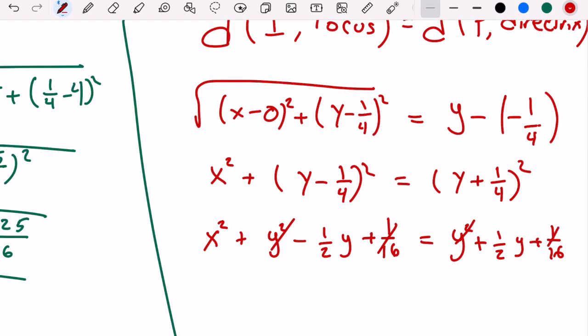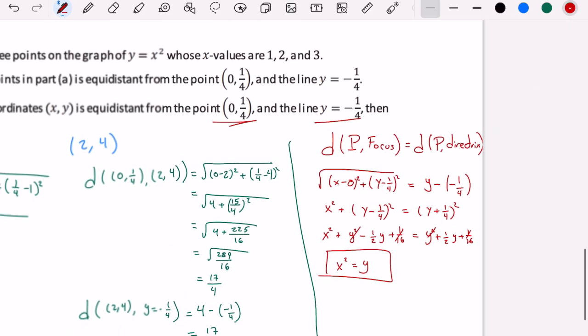This and this cancel out, this and this cancel out, so I have x squared. I'm going to add 1/2 y, so that is x squared equals y. Beautiful. This is truly beautiful.